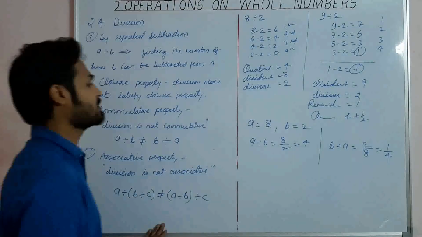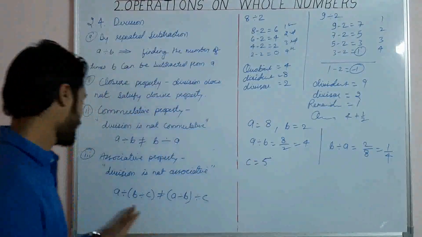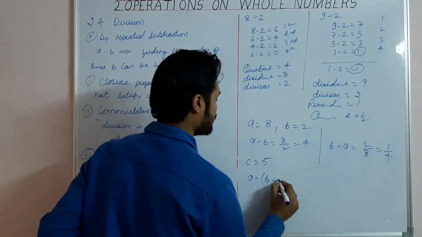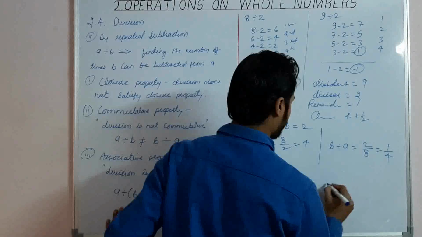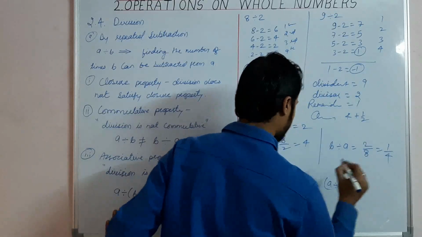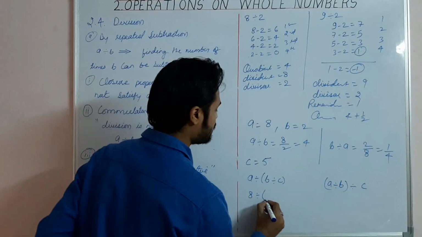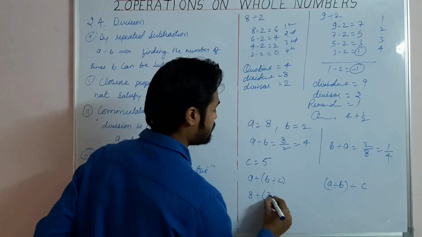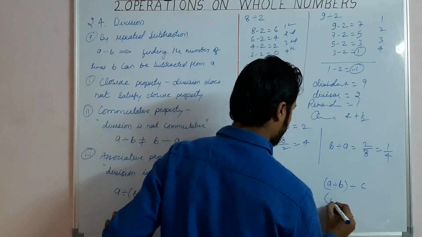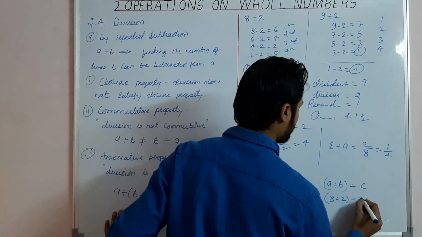Again, if we wish to check, let us take C equals to 5. Here A divides (B divides C), and here (A divides B) divides C. Now putting values, 8 divides (2 divides 5), and here (8 divides 2) divides 5.